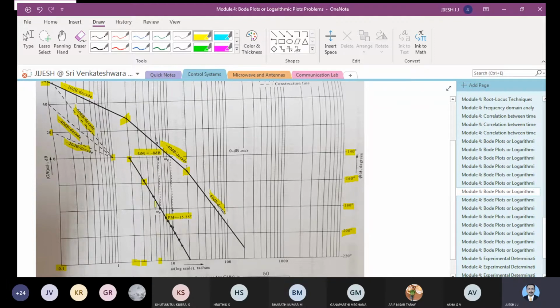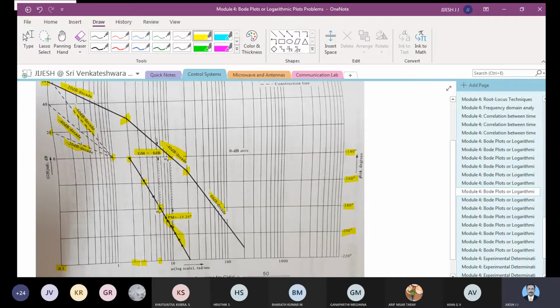You can see that I have plotted this point. This is the crossover of 180 degrees. For the Bode plot the crossover is at this point, where the zero axis is being crossed over, for the magnitude plot. For the phase plot, 180 degree is being crossed over at this point. Similarly, you need to plot all these points at the corresponding omega value.